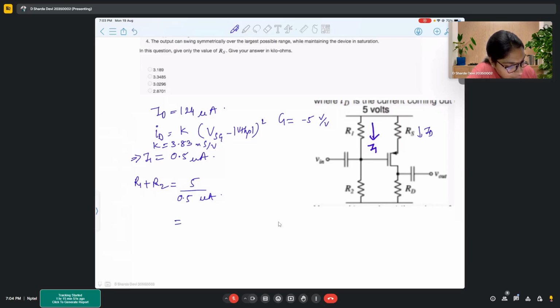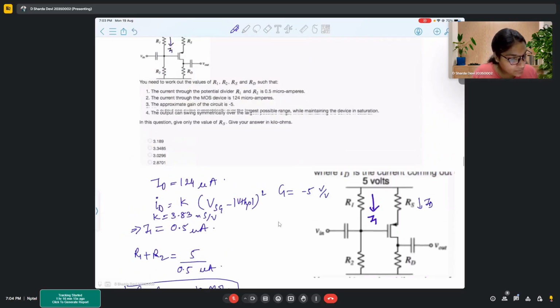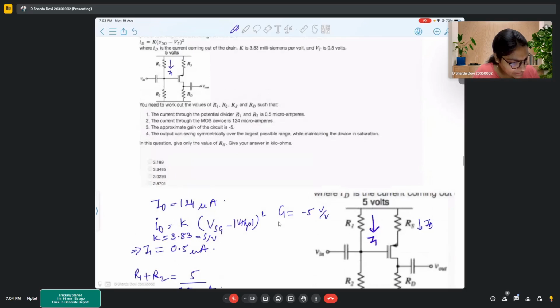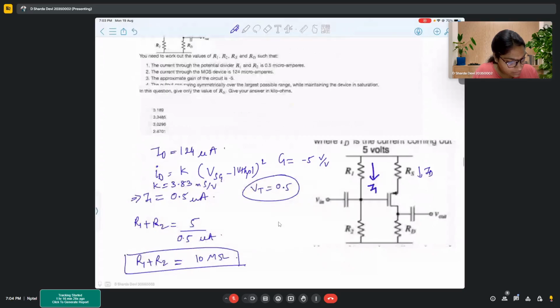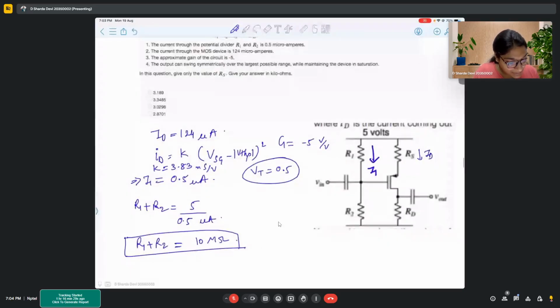So R1 plus R2 is 10 mega ohms. Now you know that R1 plus R2 is 10 mega ohms. Any other information? VT is given, okay. So VT is 0.5. Now this is 10 mega ohms.